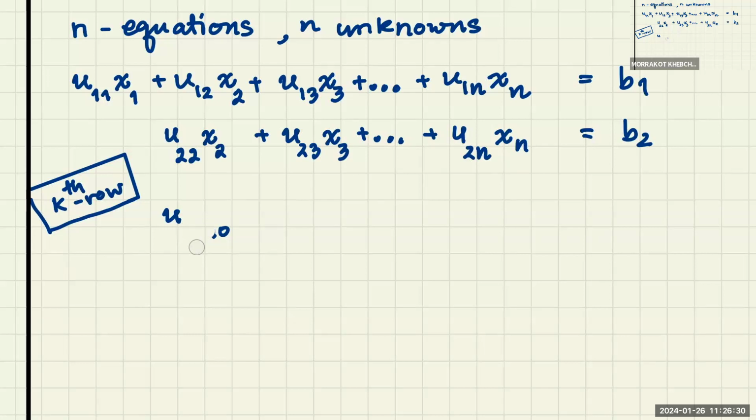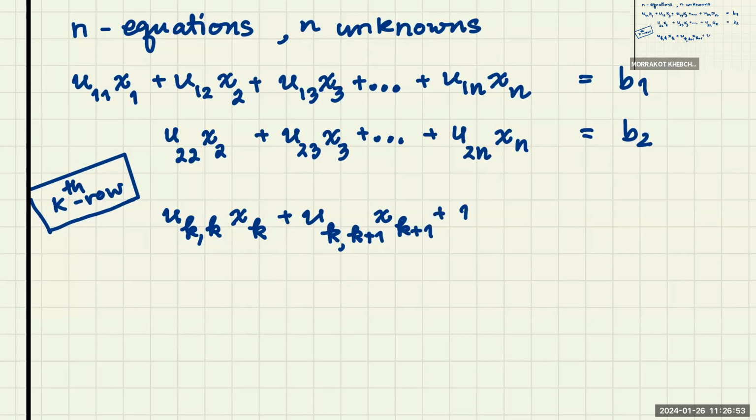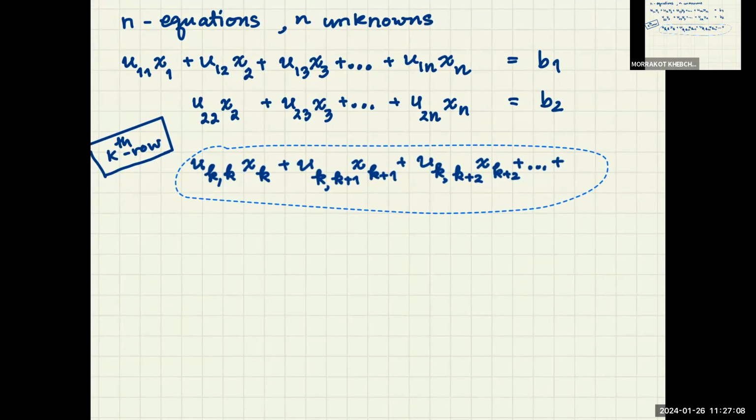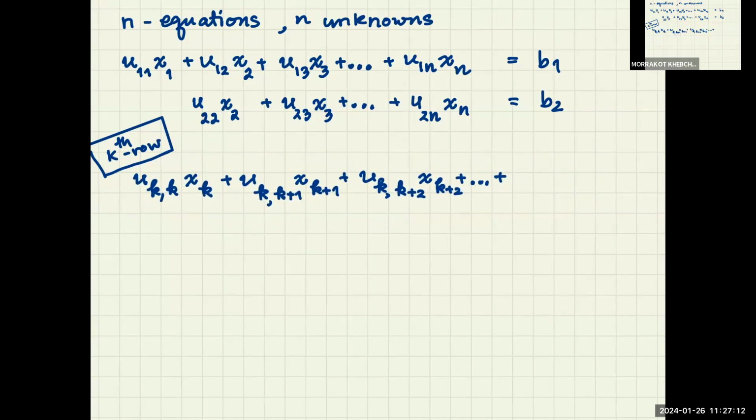So if I talk about row K, any row, it means u_KK times the unknown xK, plus u row K column K plus 1 times x K plus 1, plus u row K column K plus 2 times x K plus 2, up to u_KN x_N, equal to b_K, the K-th equation.